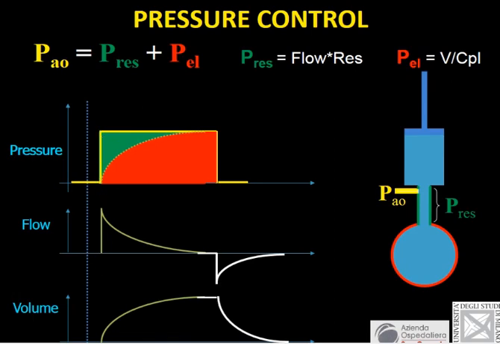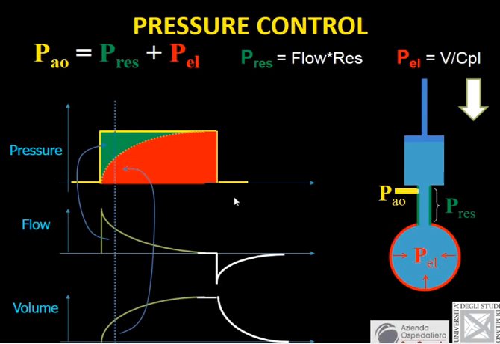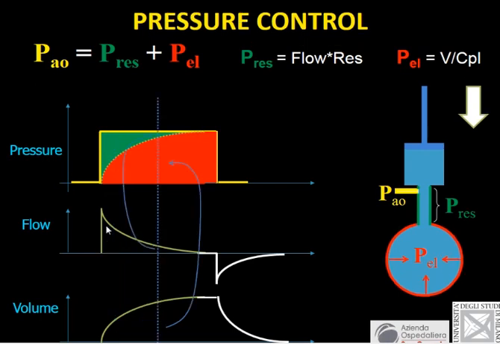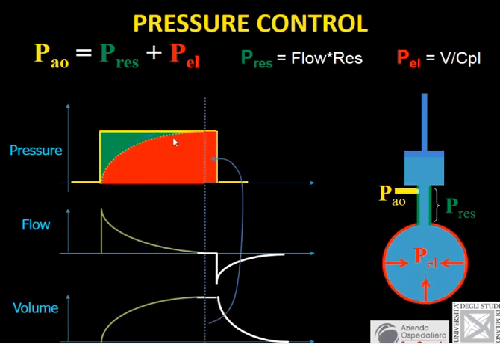This flow will make the alveoli expand, and so the pressure in the alveoli will increase a little bit, and the gradient between the airway and the alveoli is reduced, and so the inspiratory flow decreases and decreases and decreases because the alveolus is expanding, and so this gradient between the alveolus and the airway is decreasing.